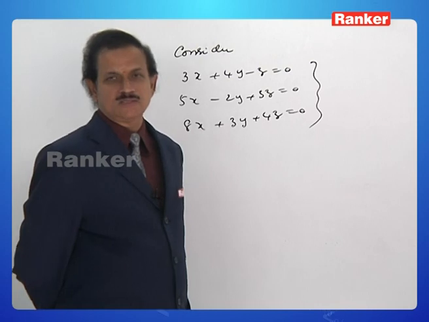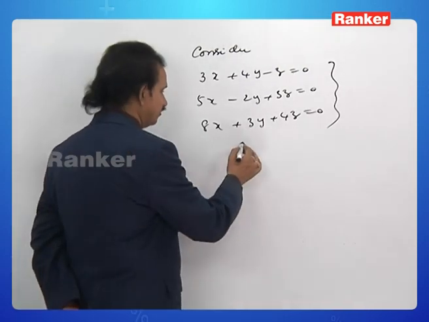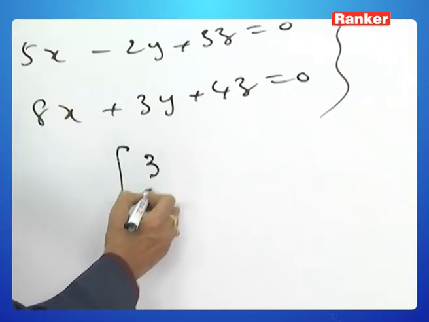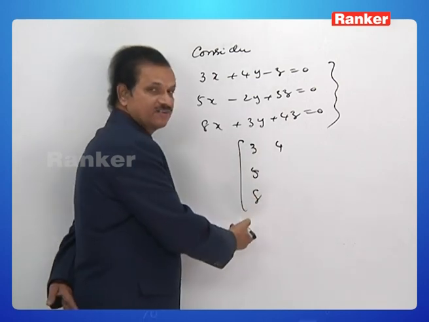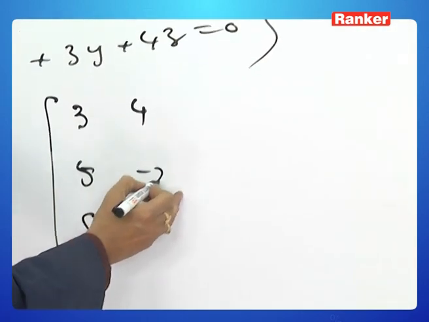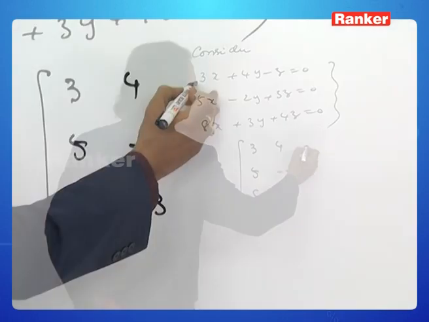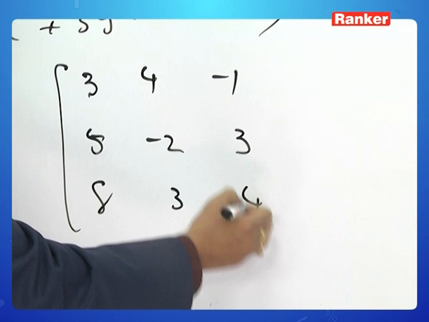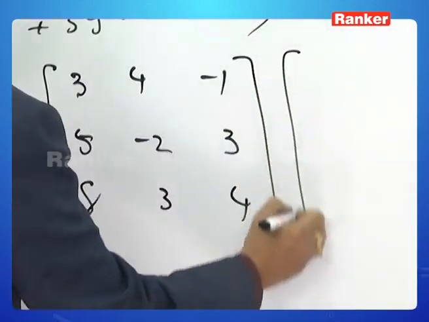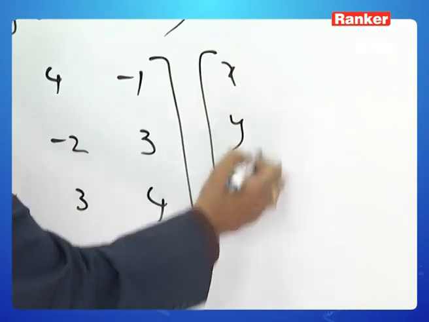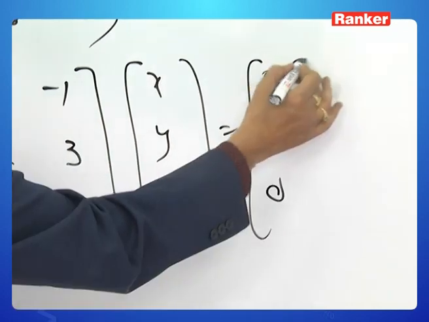What is the number of variables? 3. This can be expressed using matrices like this: 3, 5, 8, which are the coefficients of x; 4, minus 2, 3, the coefficients of y; and minus 1, 3, 4, the coefficients of z; into the column matrix X, Y, Z is equal to the column matrix 0, 0, 0.